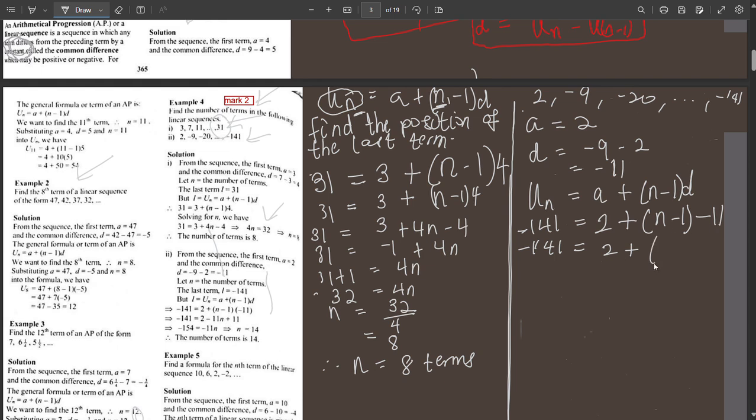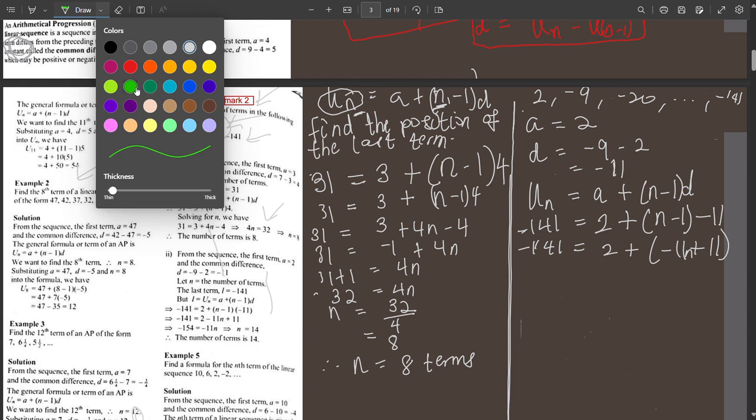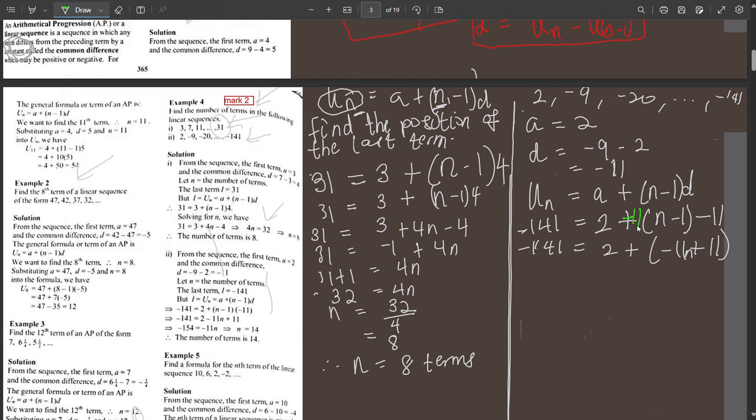This gives minus 11n plus 11. Let's find this because it's the same as bringing the minus 11 here, times 2, so that gives us minus 11n plus 11 because it's minus and minus. Let's proceed.